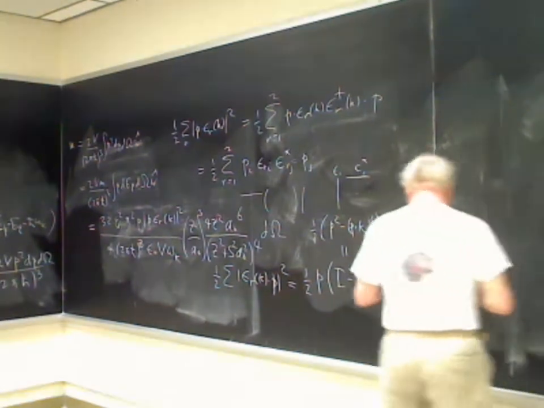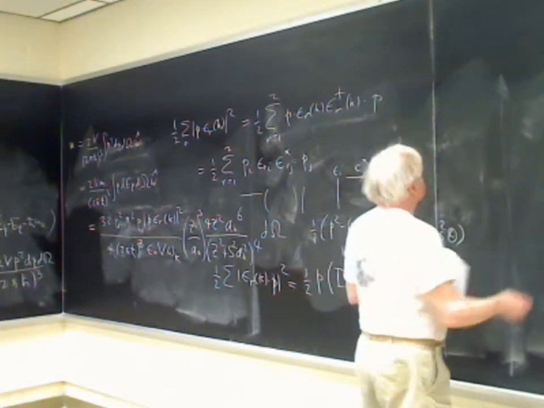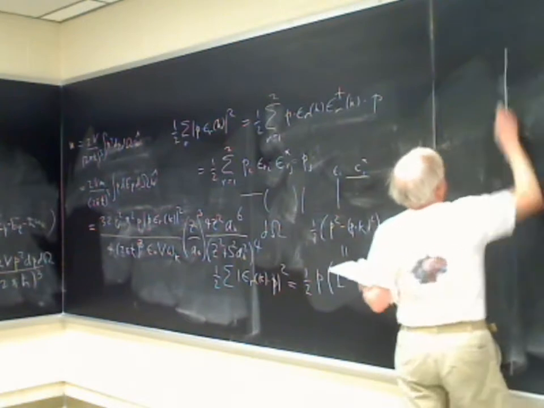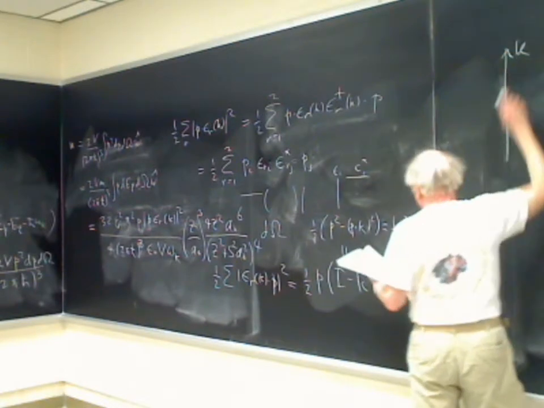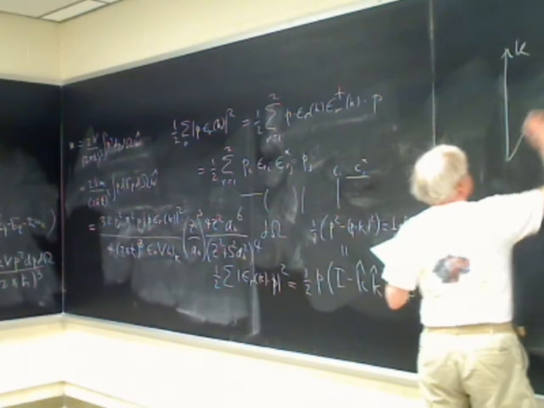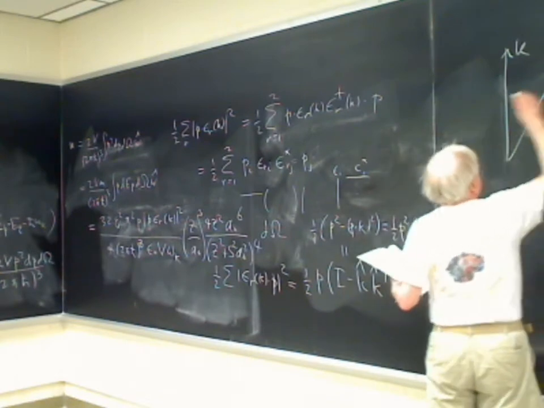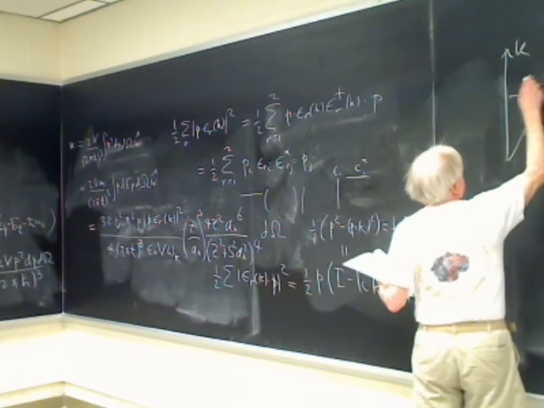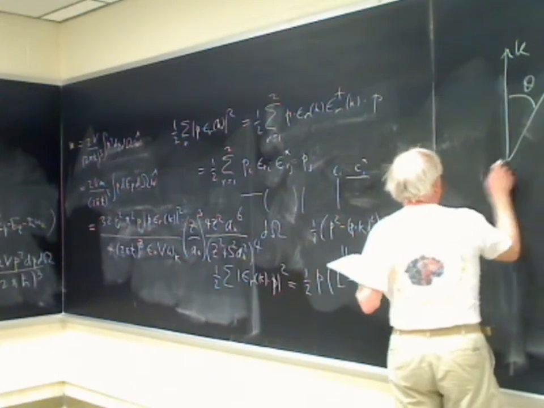I'm going to use this later, so let me draw a picture. We've got this as k, suppose that is the z-axis. The ejected momentum of the electron is p at angle θ.